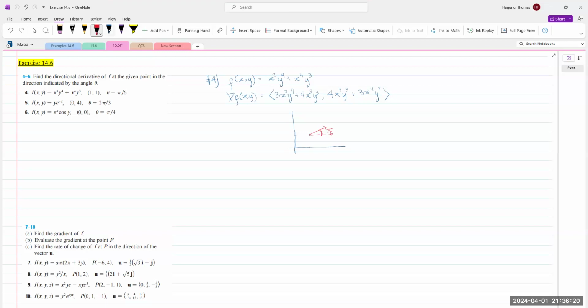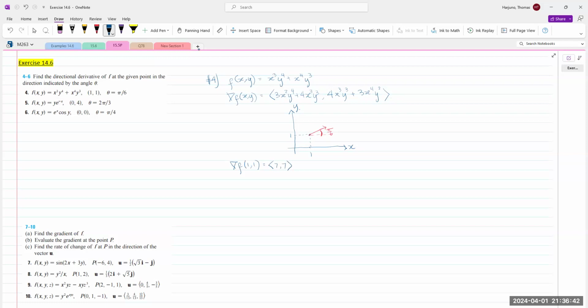This is our x-axis. This is our y-axis. Okay, and this is our coordinate 1, 1. So the gradient of f at 1, 1, that's basically the sum of the coefficients, right?